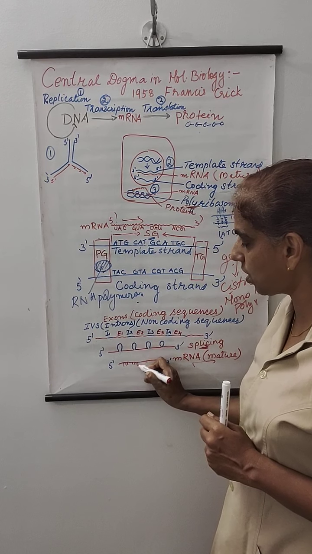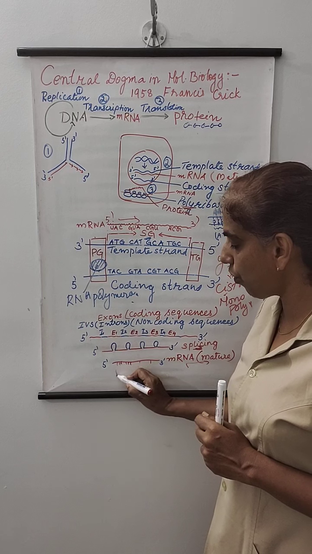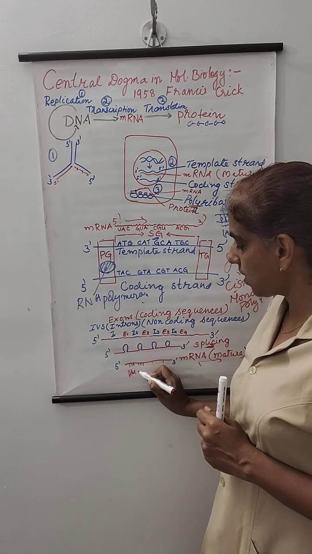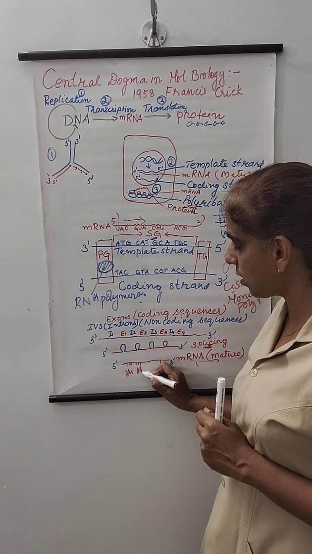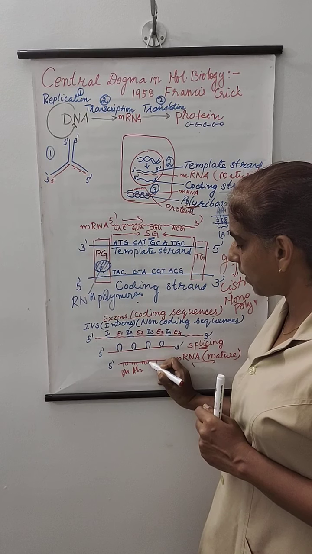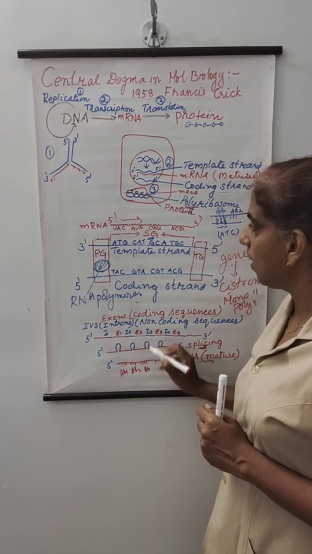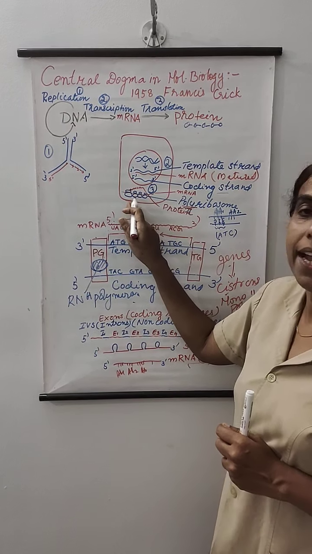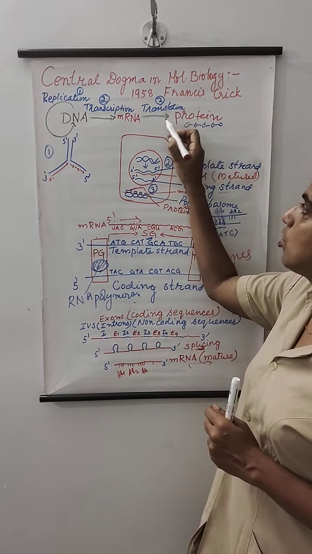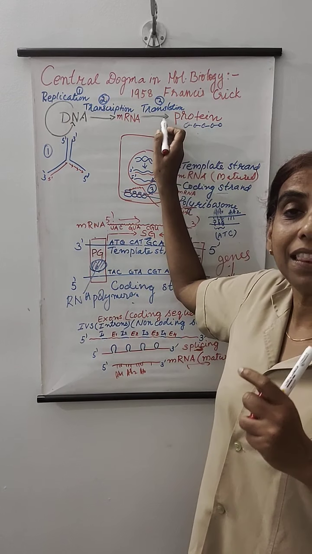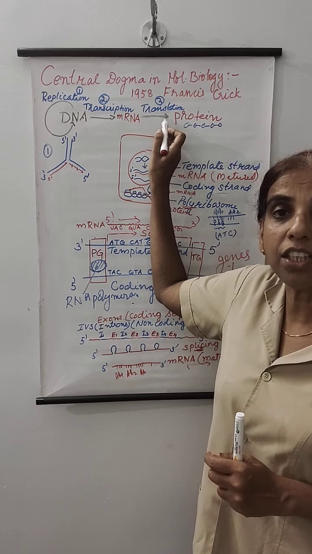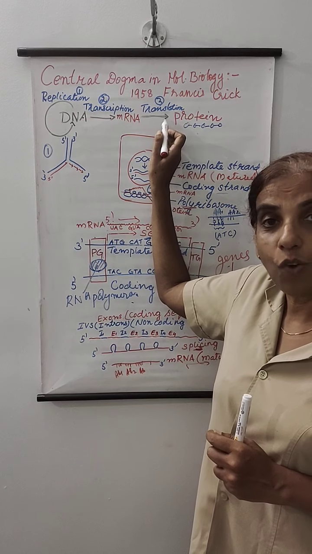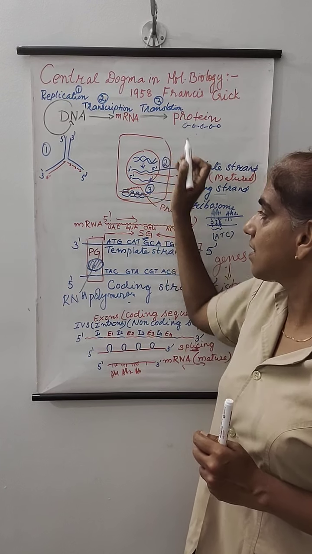So messenger RNA is holding all the sequences, the triplet codes. The first triplet code for amino acid 1, the second triplet code for amino acid 2, the third triplet code for amino acid 3 are all lined up at the polyribosome, and slowly the next and last phase of the central dogma is happening. That is the translation.